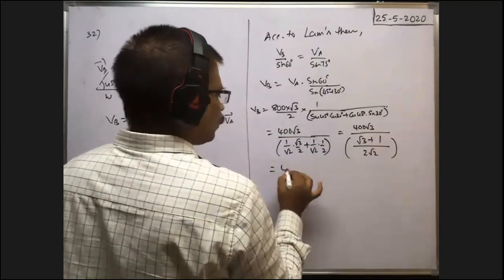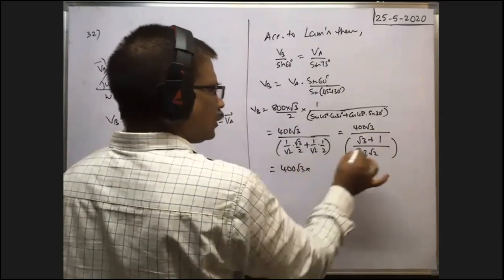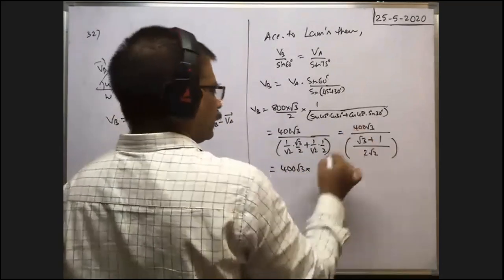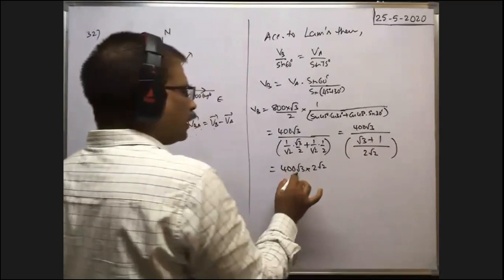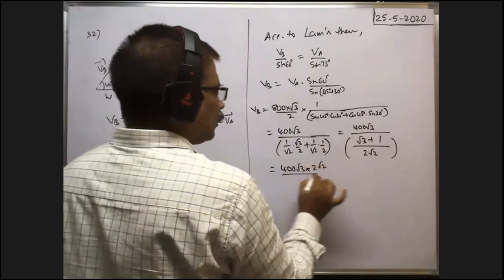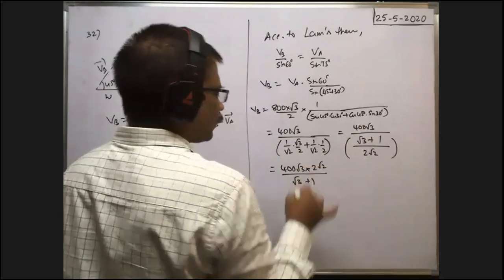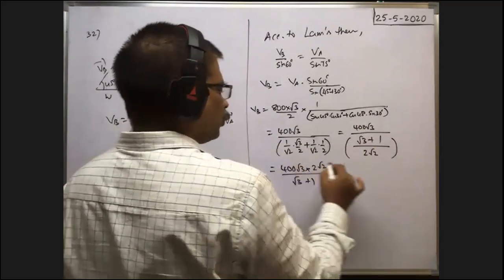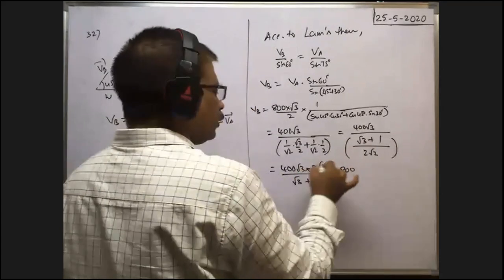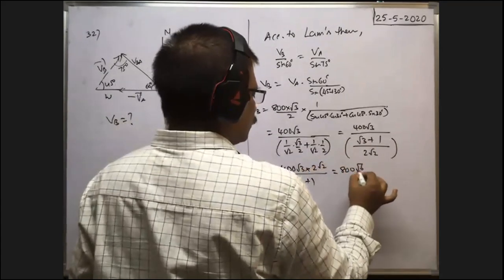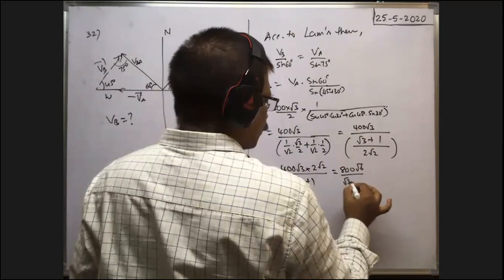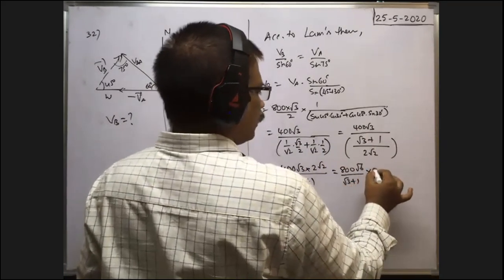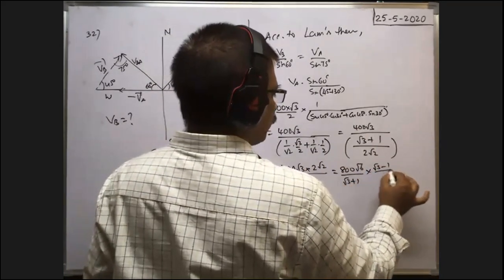Therefore, this is equal to 400 root 3 into 2 root 2 upon root 3 plus 1, as the 2 root 2 goes to the numerator. This is equal to 400 into 2, 800, into root 3 into root 2, which is root 6, by root 3 plus 1. You rationalize it. You multiply with root 3 minus 1 divided by root 3 minus 1.